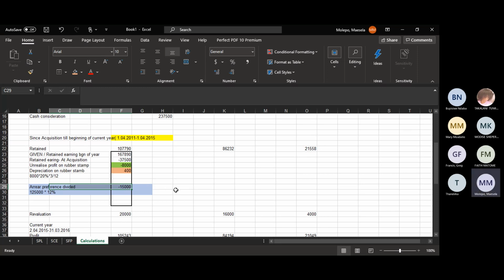If you refer back to your example 9, unit number 9, the likes of example 2, let me check example 2.